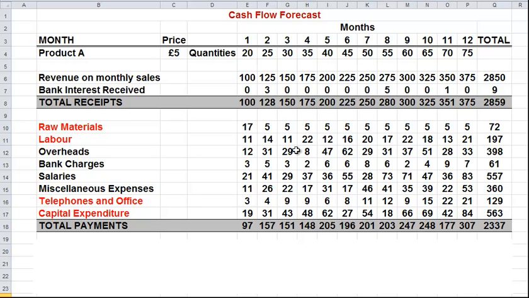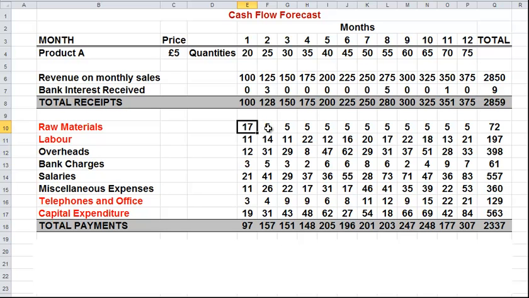This is just a set of titles just to illustrate how the cash flow statement is constructed. If we were doing a real one, we'd have real headings and be very careful about the types of headings, ensuring there's no overlap between them, and making sure that they do refer to actual parts of the business. But in our simple illustration here, we just have these various headings.